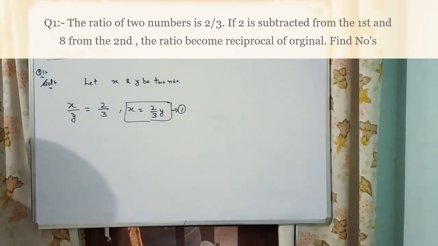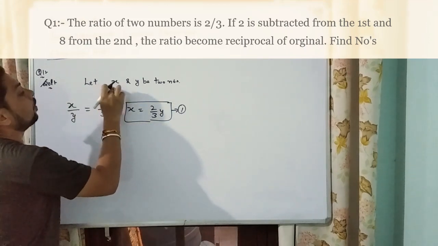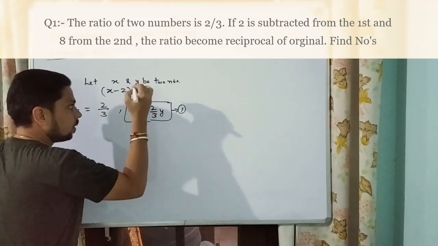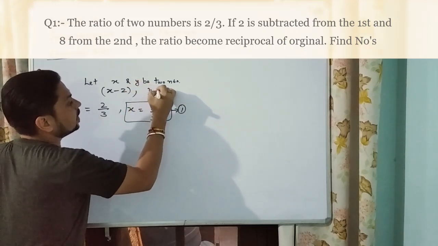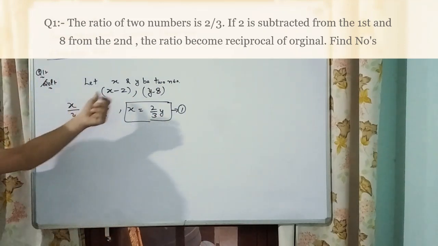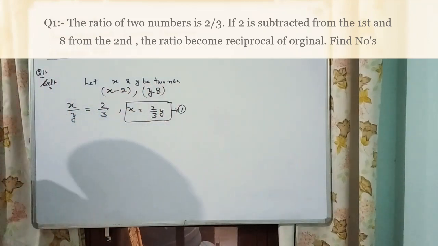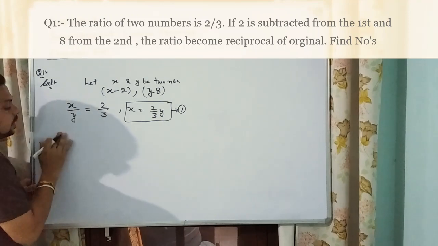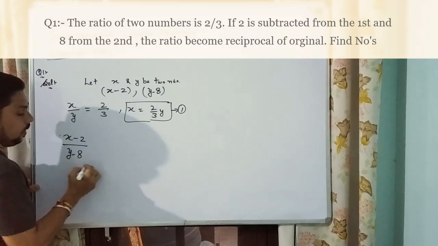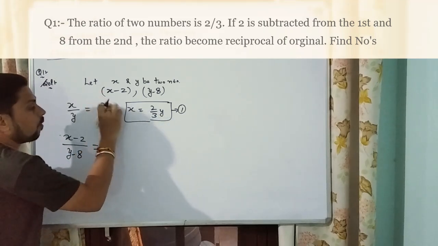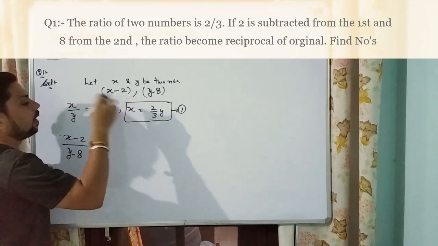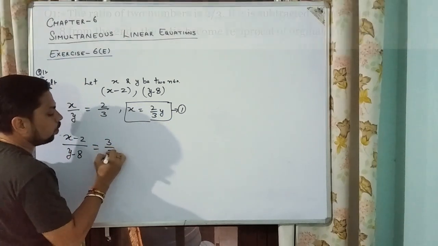When we subtract 2 from the first number, that is x minus 2, and 8 from the second number, that is y minus 8, and take the ratio, x minus 2 upon y minus 8, then the ratio becomes the reciprocal of the original, that is 2/3 becomes 3/2.